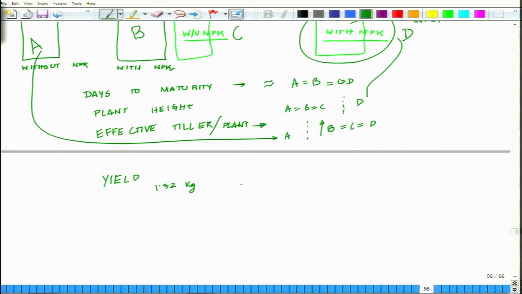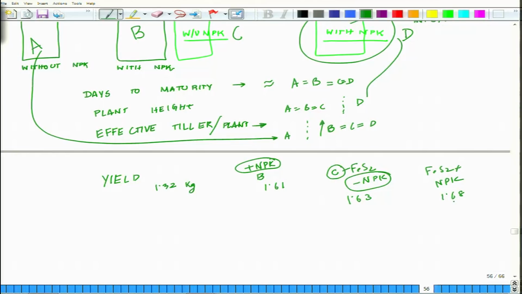Whereas in the case of standard fertilizer application, which is group B, it is 1.61. In the case of only FeS2 without NPK, minus NPK, which is C, the number was around 1.63, whereas in the case of FeS2 plus NPK, the value was 1.68.